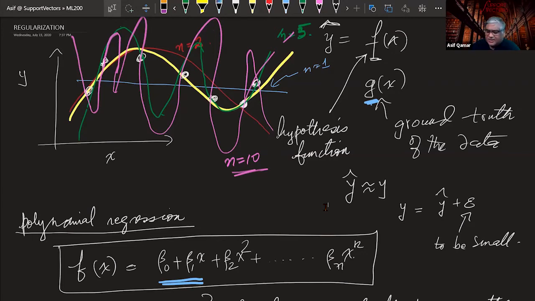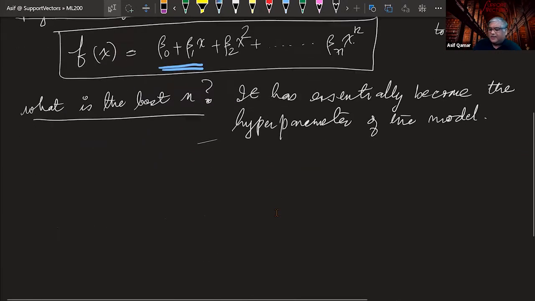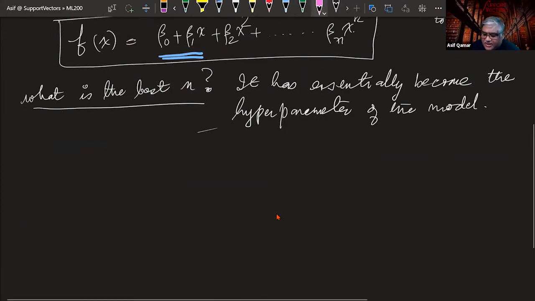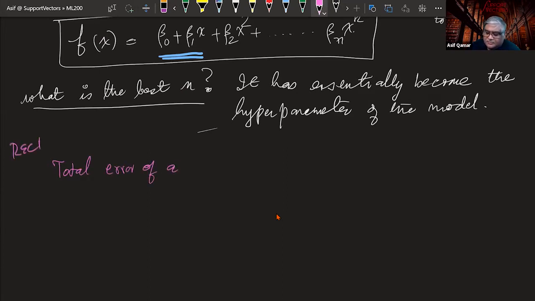So just as a reminder, the total error of a model is equal to the bias error plus the variance error plus what else?